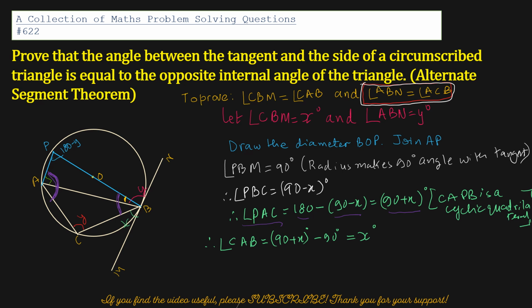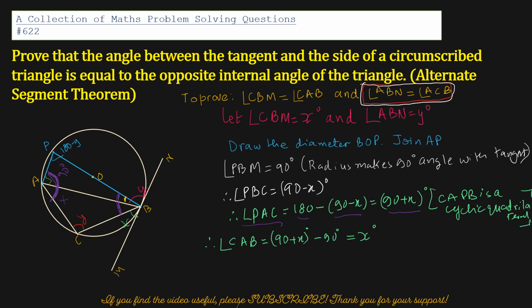And therefore angle CAB, which is this bit, we know that angle BAP is 90 degrees, so the angle CAB would simply be the whole angle CAP minus 90 degrees.